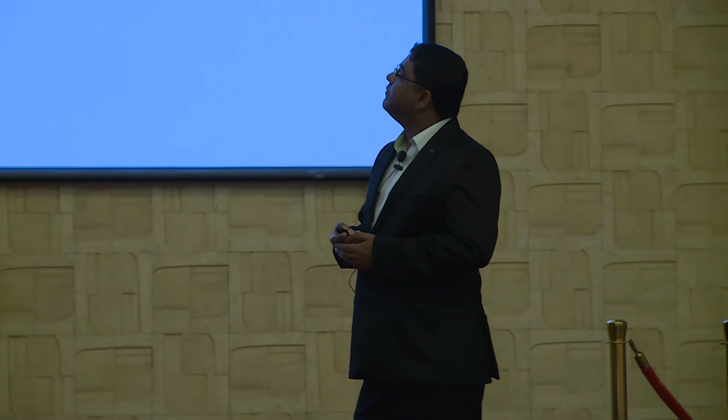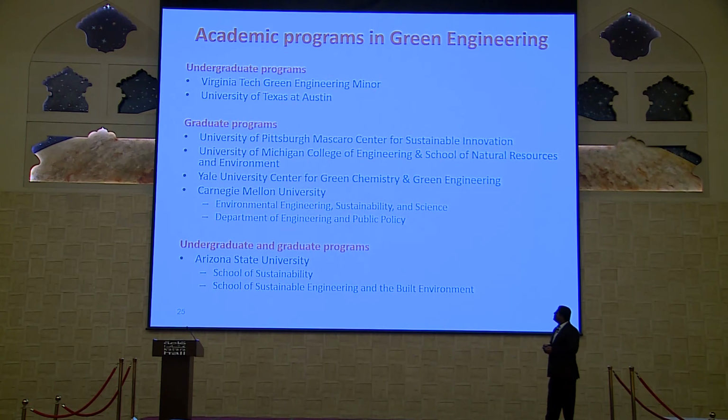As for academic programs, there is an undergrad program at Virginia Tech and the University of Texas at Austin, graduate programs at the University of Pittsburgh, University of Michigan, Yale University and Carnegie Mellon University, and both undergrad and postgrad programs on green engineering at Arizona State University.